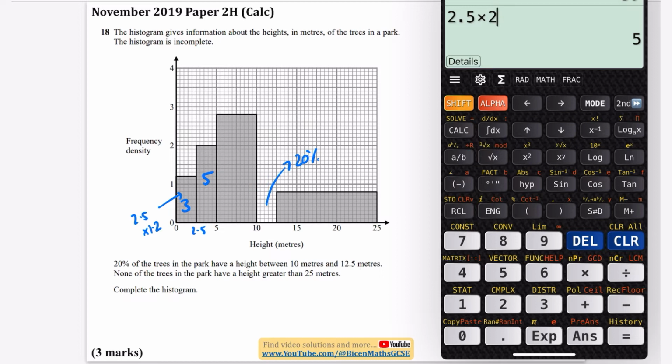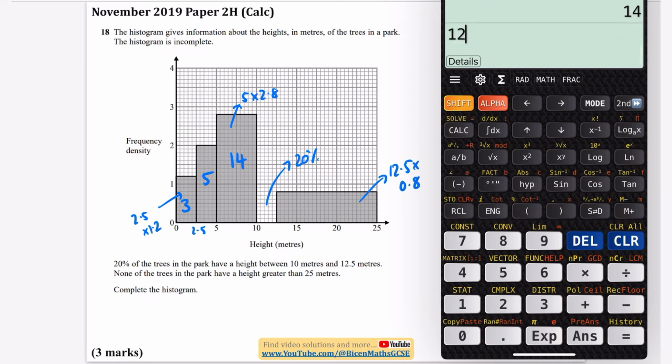Between 5 and 10, well, there's going to be a 5 along the bottom, and that is going to be multiplied by, this looks like it's 2.8. So it's going to be a 5 multiplied by 2.8, which is 14. And then the last part, running along the bottom, that is 10 to 12.5, and we're going to be multiplying it by the height of that bar, which is 0.8.